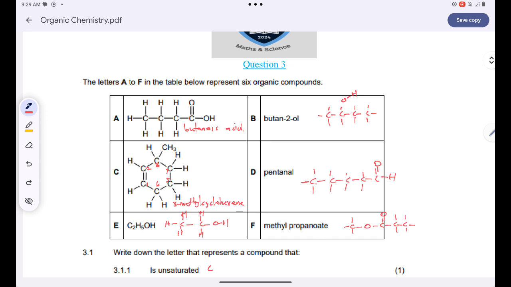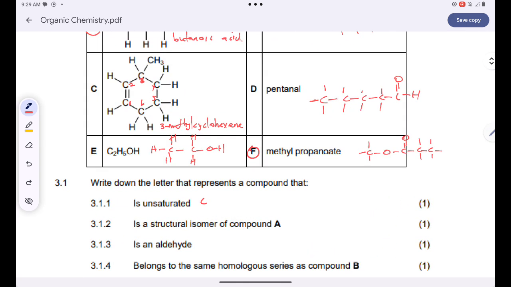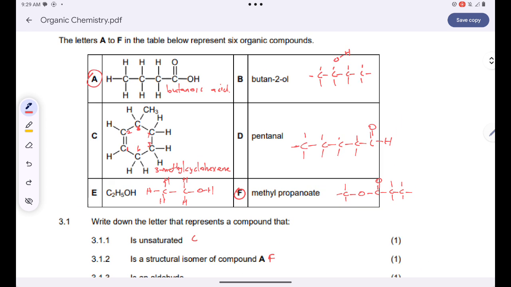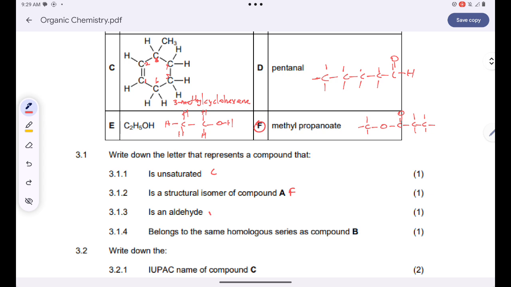They have the same molecular formula but different structural formulas. So the isomer of compound A is compound F. The letter of a compound that is an aldehyde is compound D.